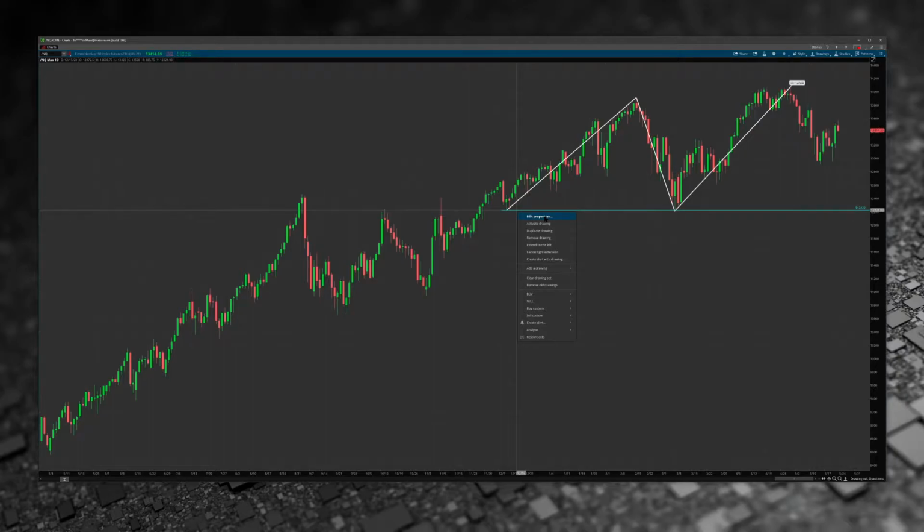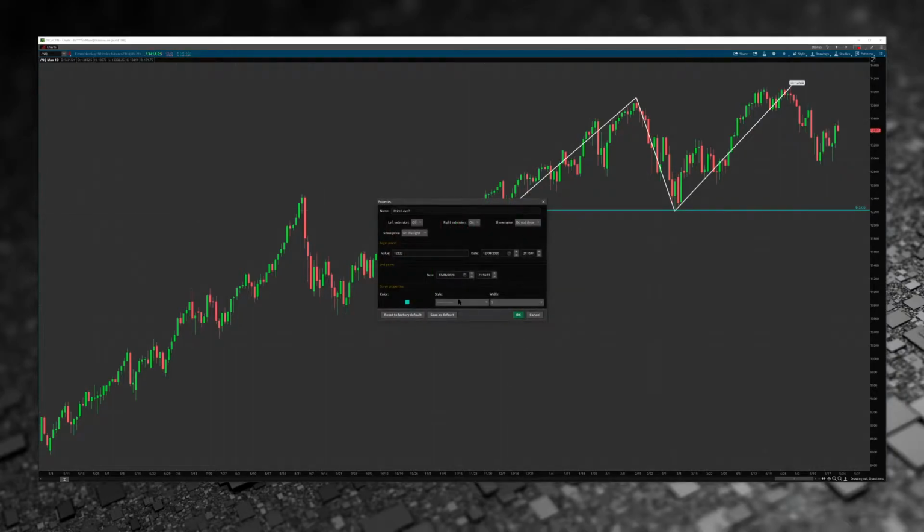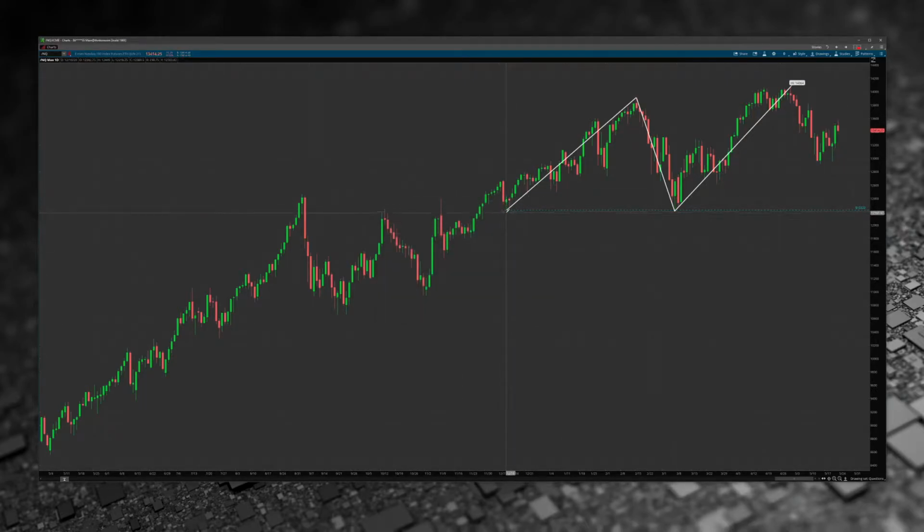Qualifiers are what create your legs. So right here, this is support in an up leg. Remember, qualifiers can be support in an up leg, which are lows in this up leg, or resistance in a down leg. That's it. Those are qualifiers. In order to be valid, this support must break resistance to the left.